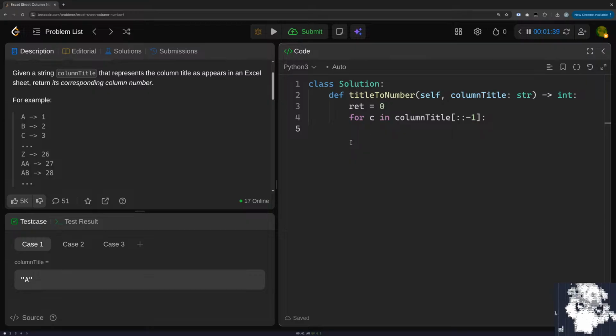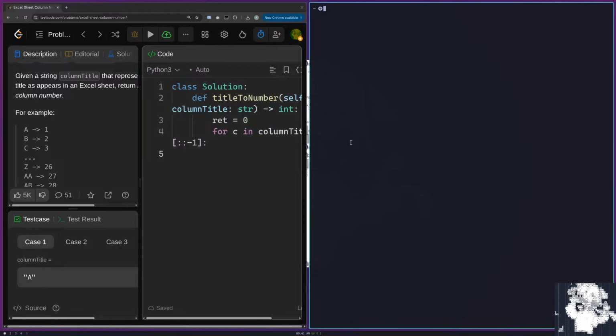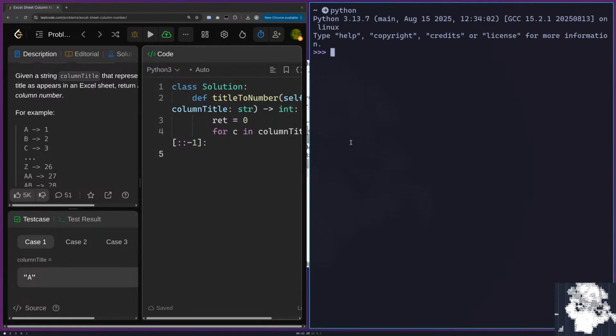For each character, we want to convert it from a letter to a number. So let's open up Python and remind ourselves how to do this. I know there's ORD and CHR in Python.